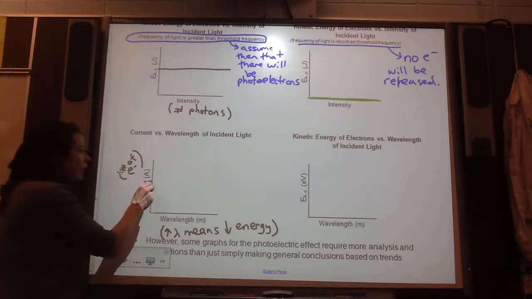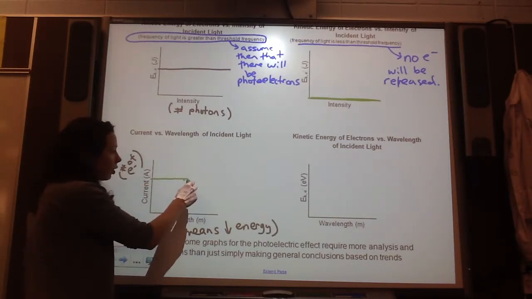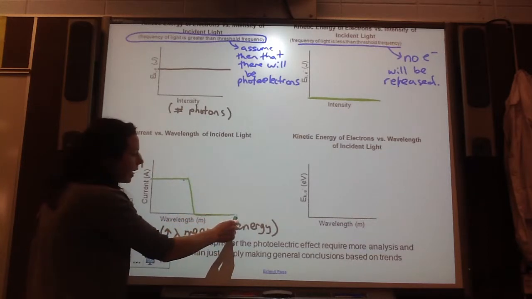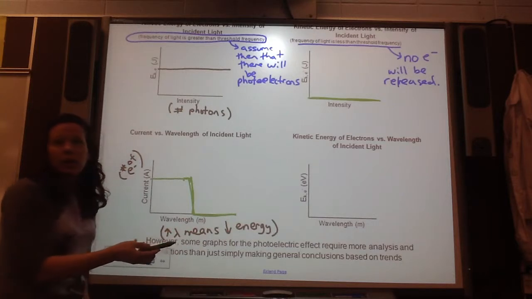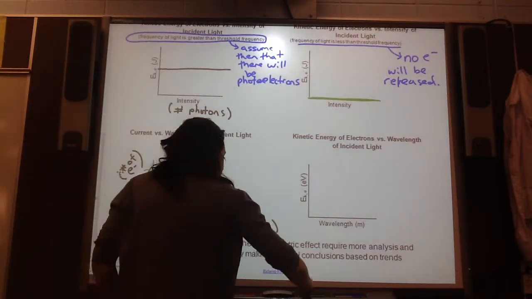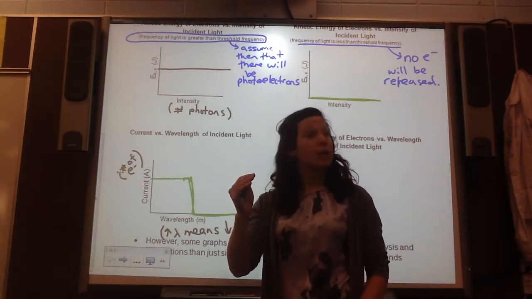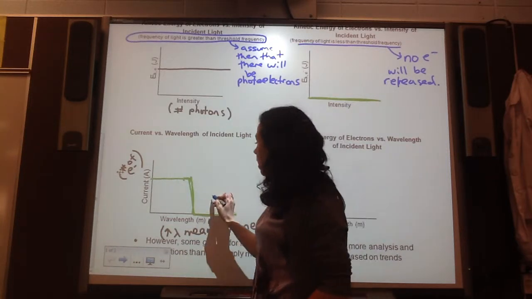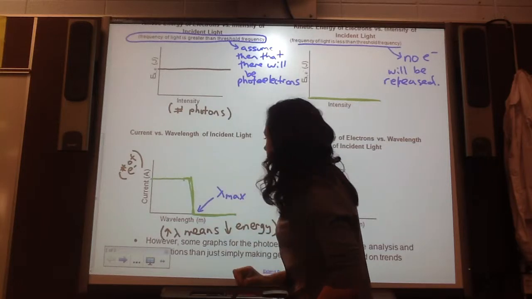But there's going to be a certain level where wavelength gets too high and there won't be any emitted electrons at all. We would call that spot where it's too high, meaning too low of energy, wavelength max, okay?